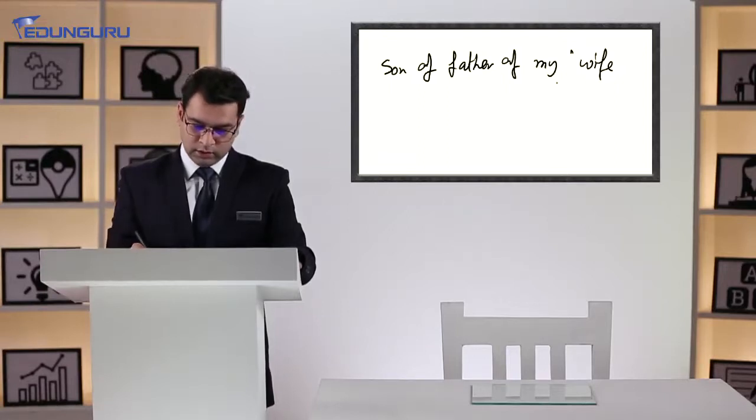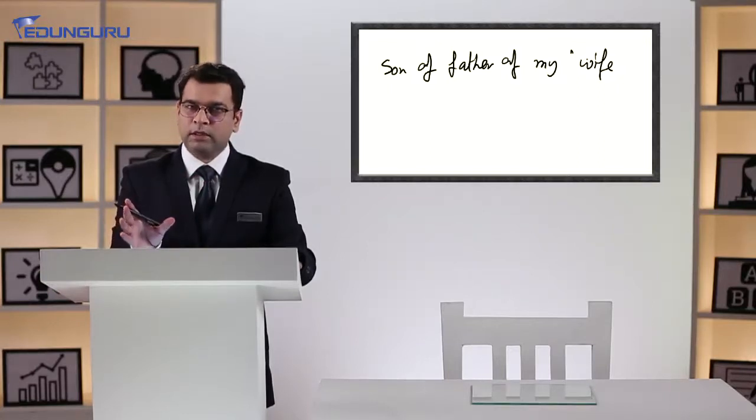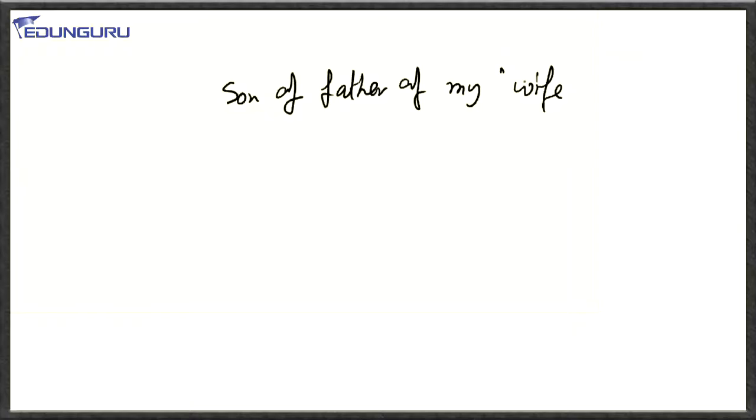Okay. Now it's easier to convert the long statement into smaller parts. For example, father of my wife. You already know father of your wife, right? Your father-in-law basically. So now son of father of my wife means son of your father-in-law. So who is son of your father-in-law? Your brother-in-law, right?